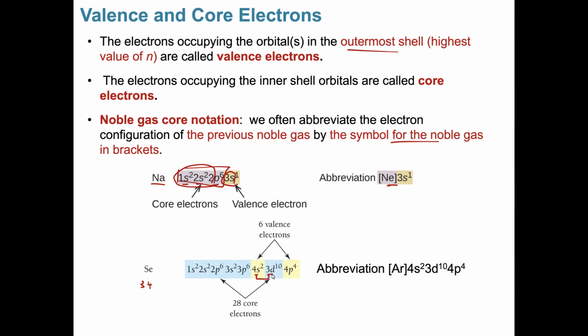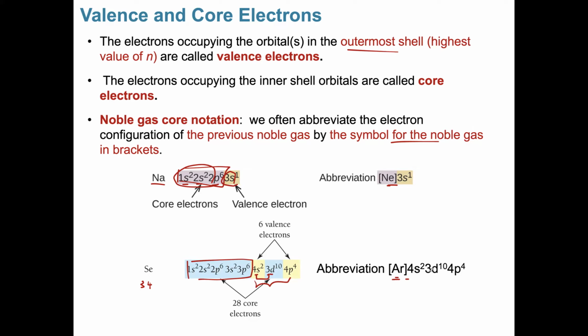Now the noble gas before selenium is argon, which has 18 electrons. So we represent these 18 electrons using argon in brackets and write the leftover electrons: 4s2, 3d10, 4p4.